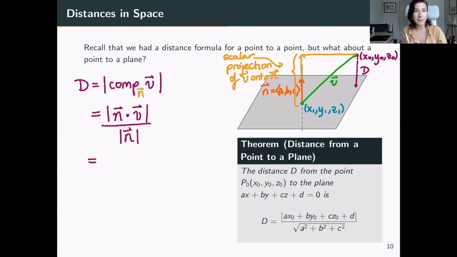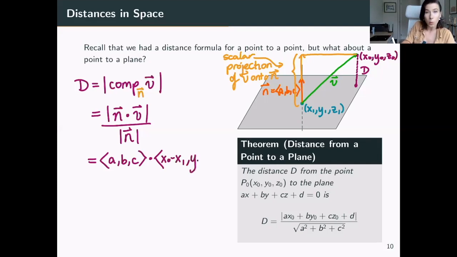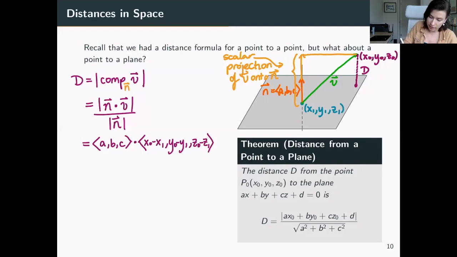Then we can write this out. So I know that my vector n is a, b, c, dotted with my vector v. I could solve and show that that is equal to x0 minus x1, y0 minus y1, and z0 minus z1. Then the denominator is going to be the magnitude of my normal vector n, which is the square root of a squared plus b squared plus c squared.